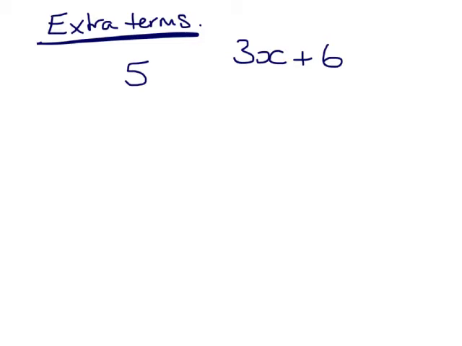Maybe it's sitting at the start of the question, maybe it's sitting at the end, it doesn't matter. This 5 goes with this 6 to make 11. So we put these two terms, the 5 and the 6, together to get 11. So we've got a 3x still, so we get 3x plus 11.